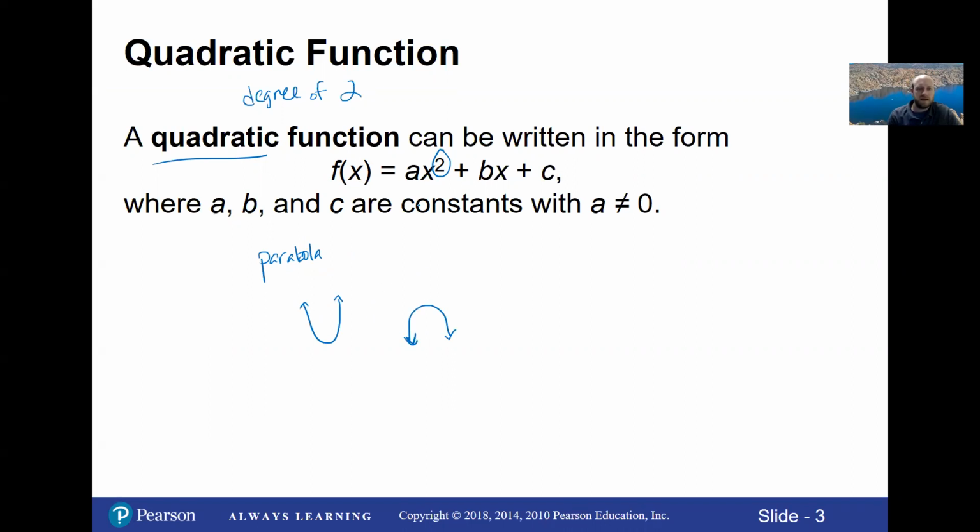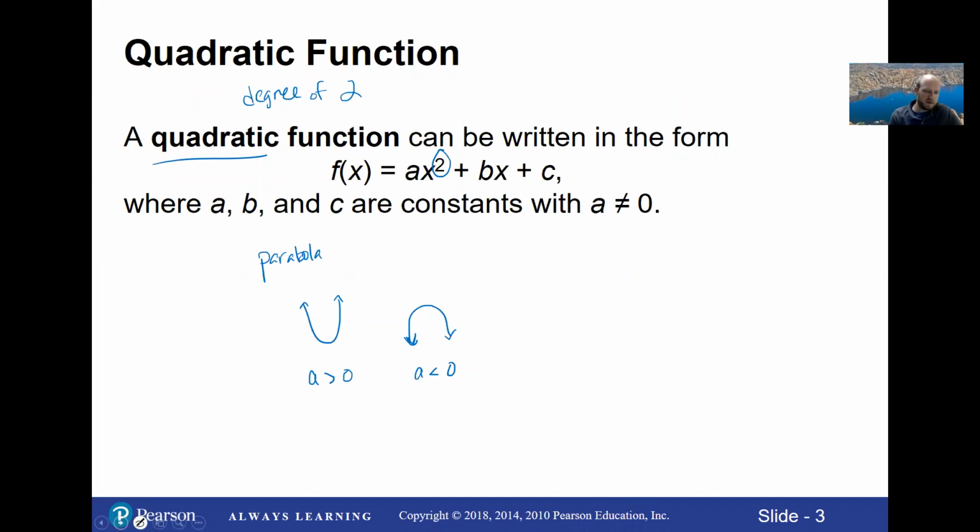We'll learn in this section that when it's facing upward like this, in the U shape, our first coefficient a is greater than 0. And when it opens down, a is less than 0. Obviously, if a was 0, then this term would not exist, so it would not be a quadratic function because 0 times anything is 0. So I wouldn't have an x squared term.